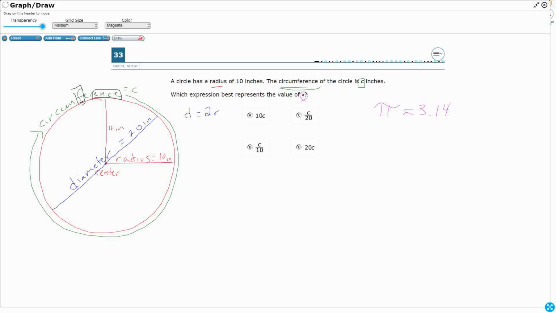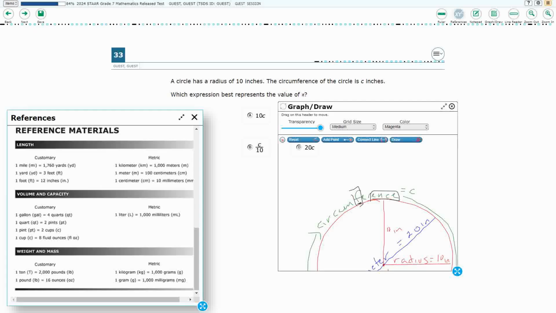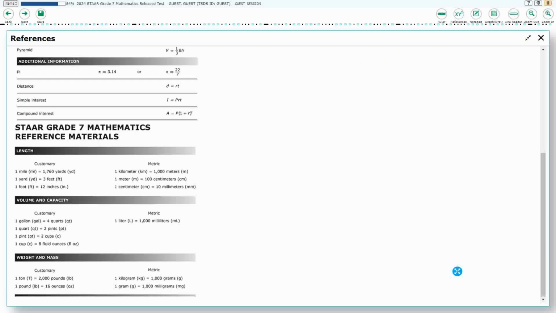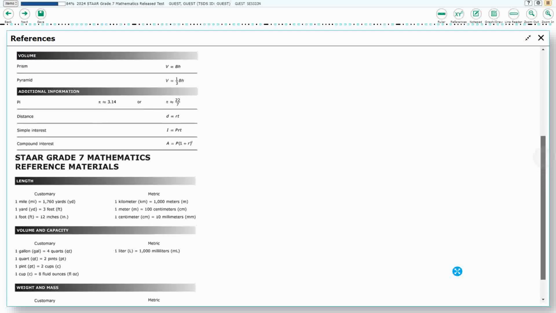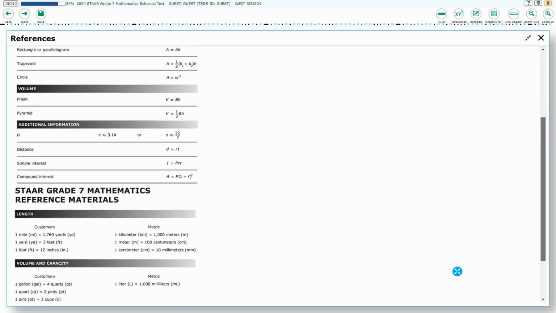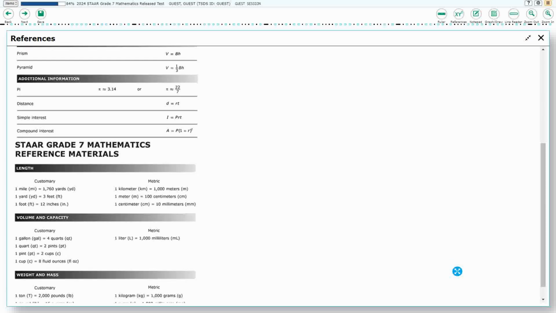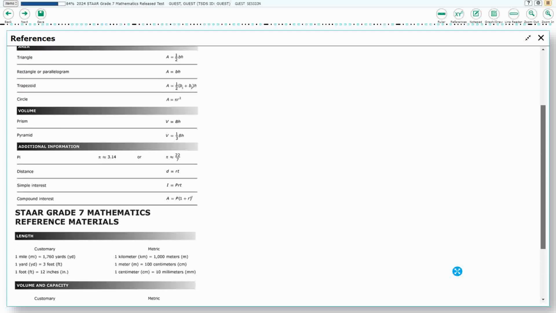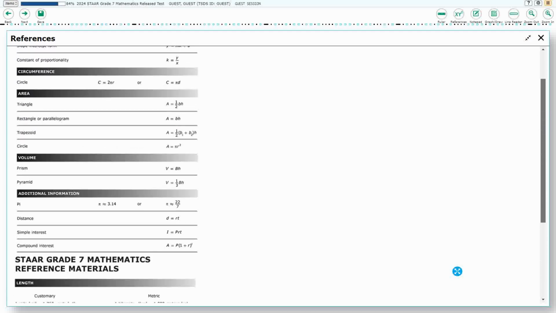So we need to think about pi in a different way. And let's use our reference materials. If we do that, you are going to see pi, they give us 2 different approximations here, right? Pi is about 3.14 or 22/7. Doesn't really help us there, right?